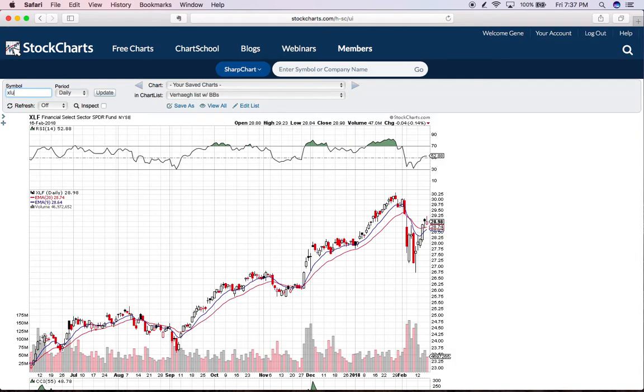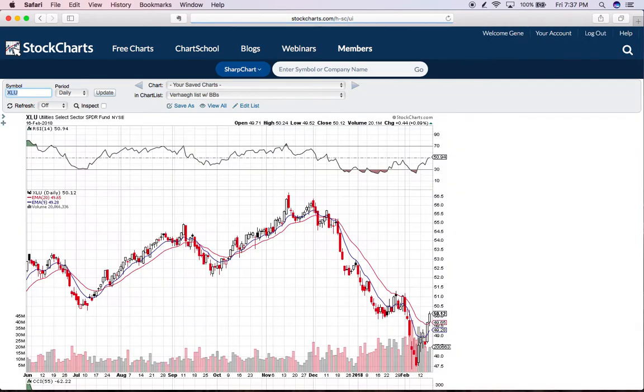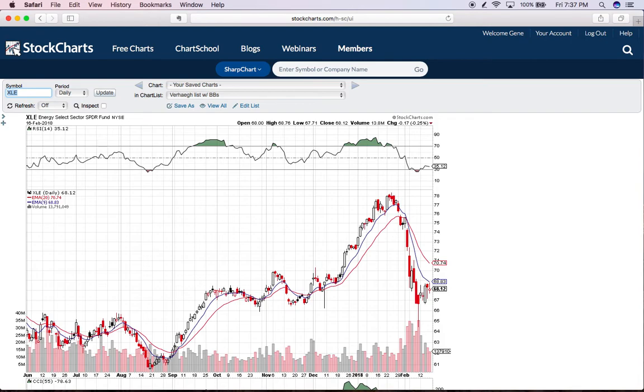You've got XLU for the utility sector, and XLE for the energy sector, and so on. A lot of people just trade ETFs because they don't always act quite as volatile as a stock might.